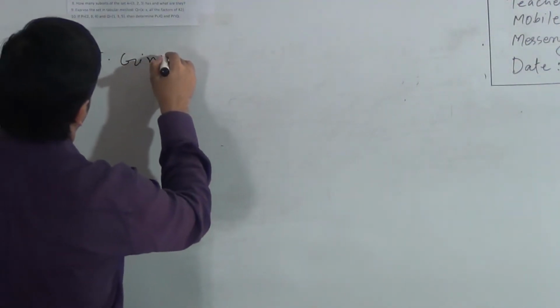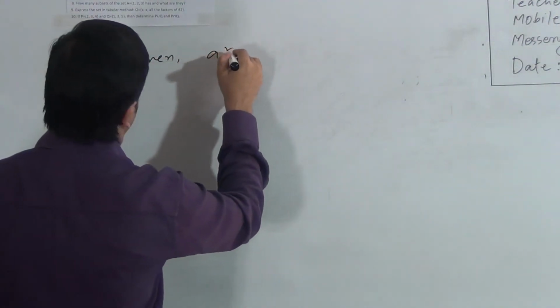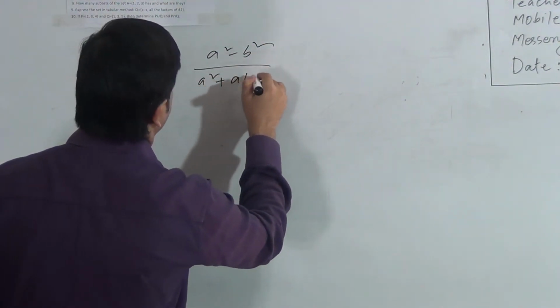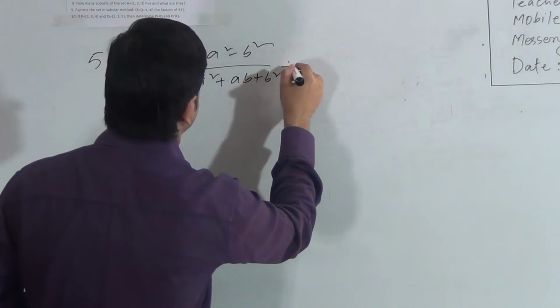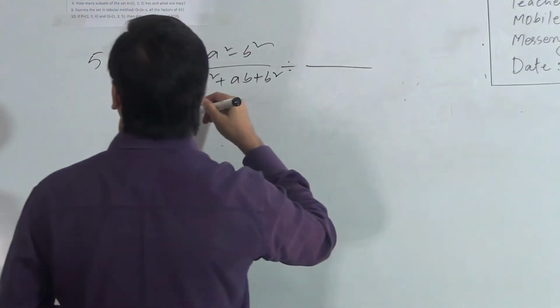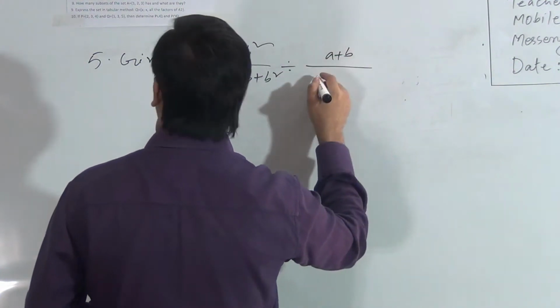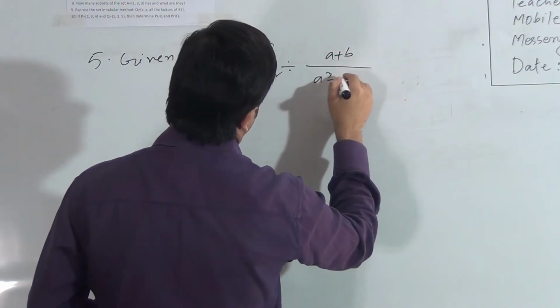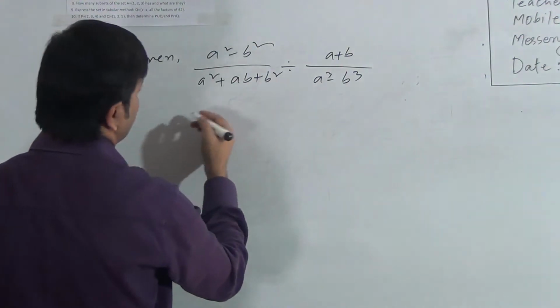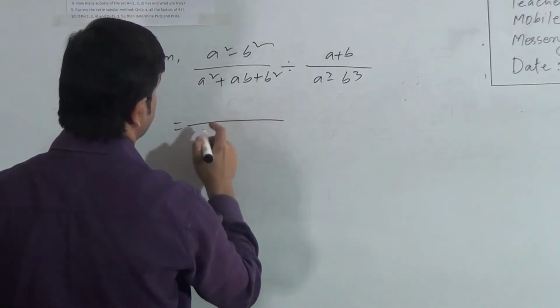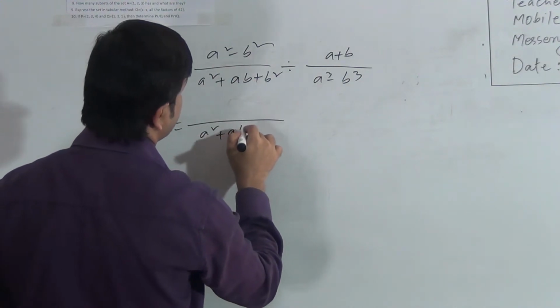Given a square minus b square by a square plus ab plus b square, division a plus b by a cube minus b cube. Okay, dear students, now see, we can factorize the numerator, but the denominator we can't factorize, so it will remain the same.